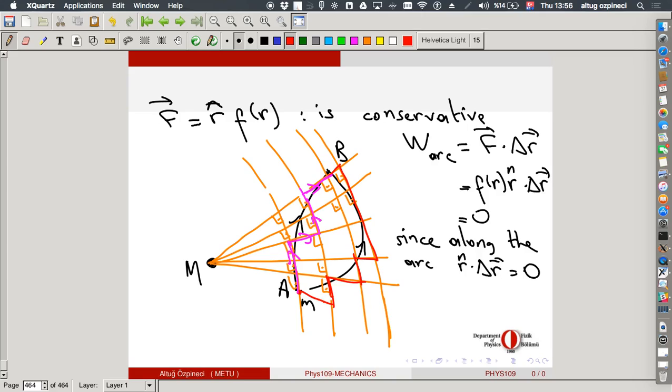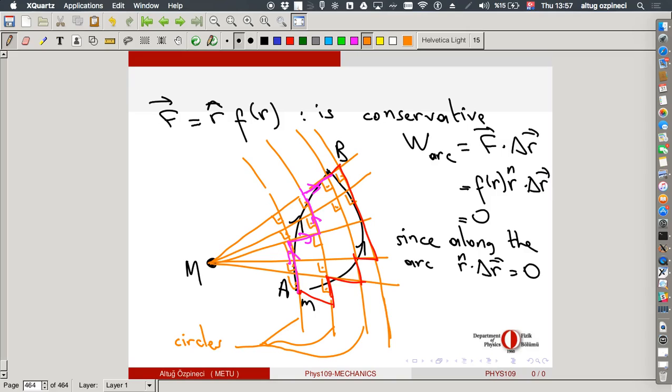Now if we compare the radial segments, let us look at this radial segment on the red curve, and let's look at this radial segment along the purple curve. So what can you say about the length of these segments?